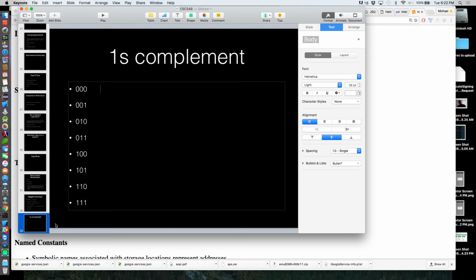Many times it is, but it doesn't have to be. So we're really trying to say this pattern represents this value. If we're just looking at positive numbers here, this is a 0, this is a 1, this is a 2, that's a 3.